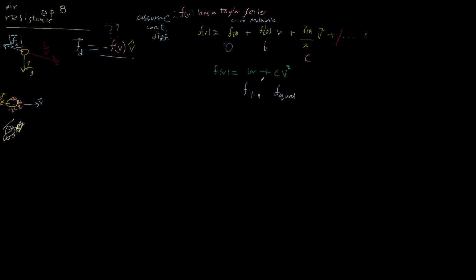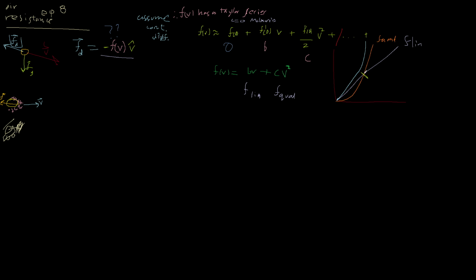If we graph these, which is what I'm going to do next, here is F linear, here is F quadratic, and then this is going to be both of them. So it's linear up until some point where it becomes quadratic.